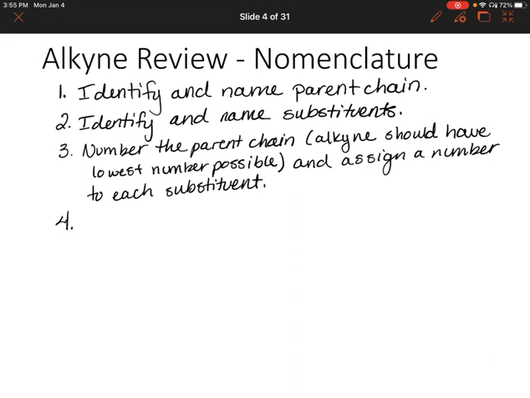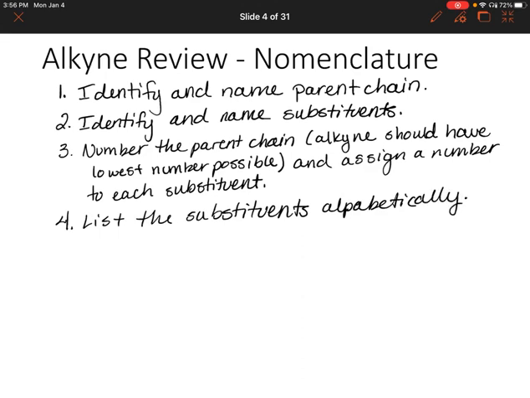All right, and then finally, when you're writing out the full name of the molecule, you want to make sure to list the substituents alphabetically. Okay. So let's go over an example. So let's say we have the following alkyne.